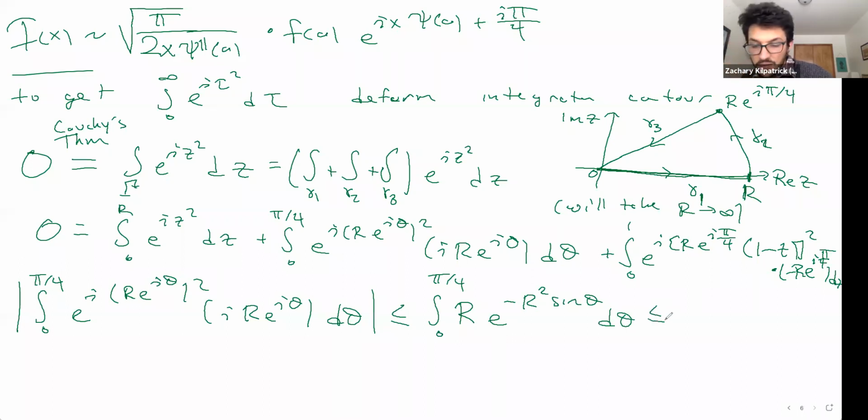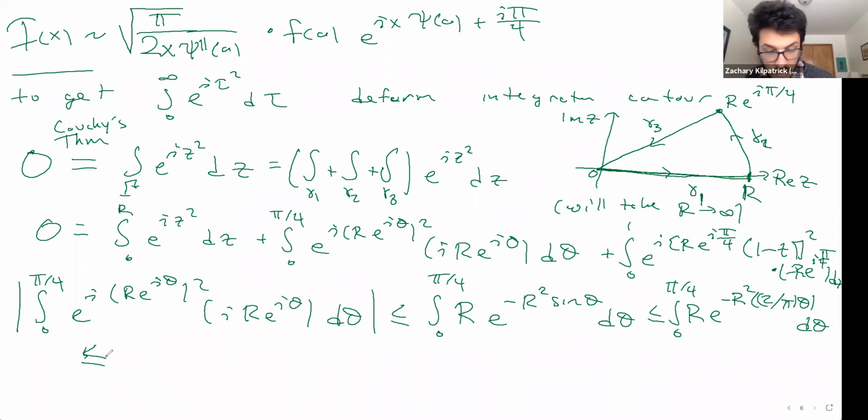And this is bounded from above by the integral from 0 up to pi over 4, just bounding that sine, e to the minus r squared 2 over pi times theta d theta.